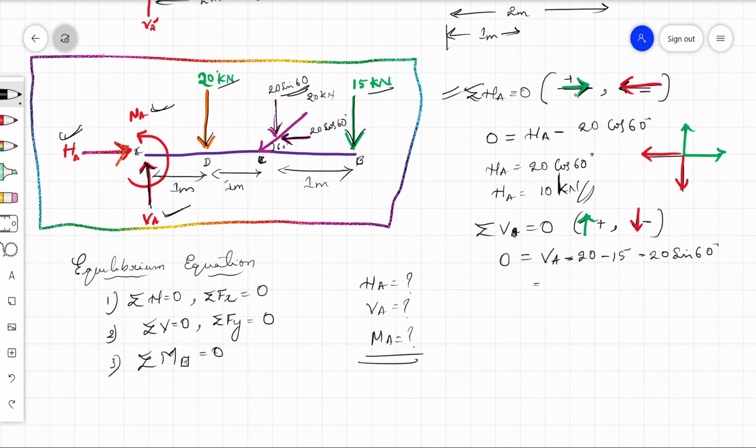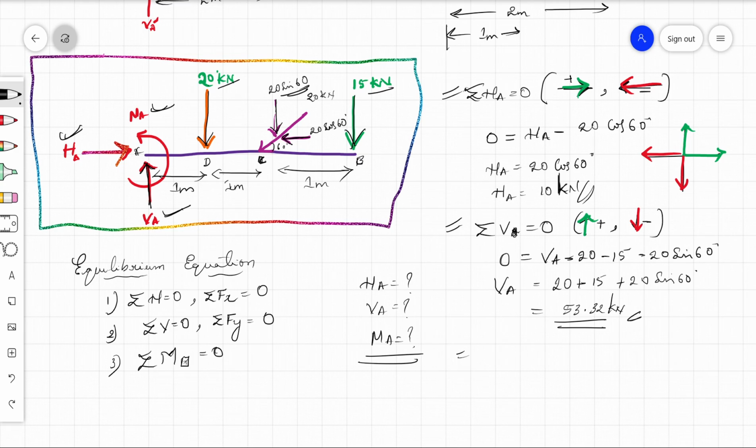Just interchanging, you will get 20 plus 15 plus 20 sin 60 degree. So VA is equal to 53.32 kilonewton. That's it. Again done, some 3 marks.